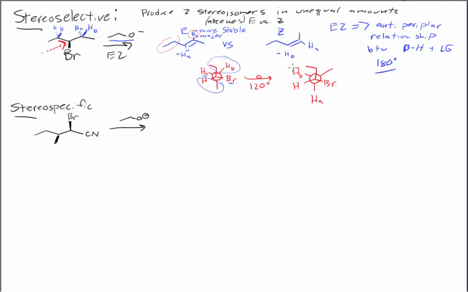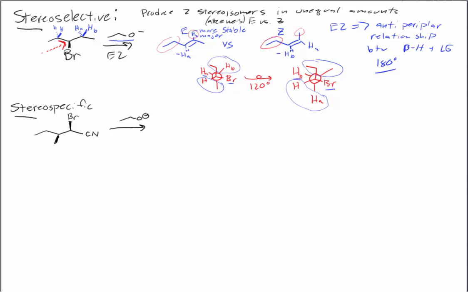Alright, so now I have HB opposite the bromine, and so I can undergo an E2 reaction from this Newman projection as well, and that would give me the ethyl and the methyl on the same side, and I see that right here. I'm going to use red. I see that in the Z version, the methyl and the ethyl are on the same side, and then, of course, the original hydrogen next to the bromine is right there, and that is next to the HA.